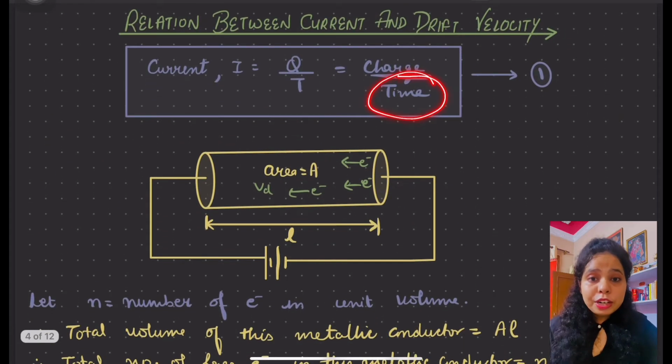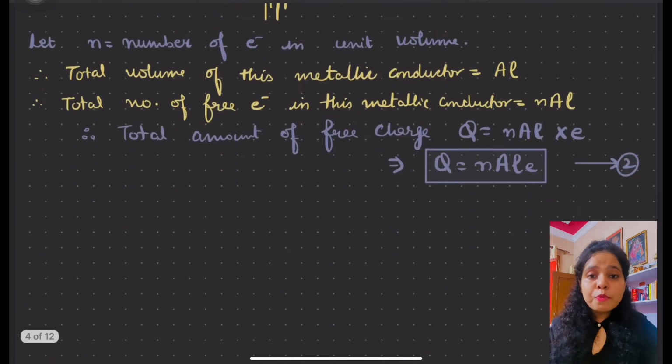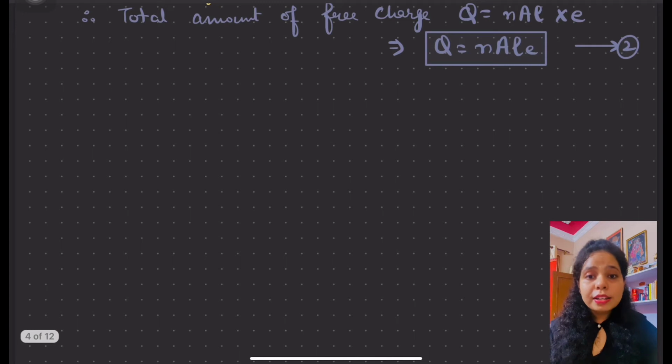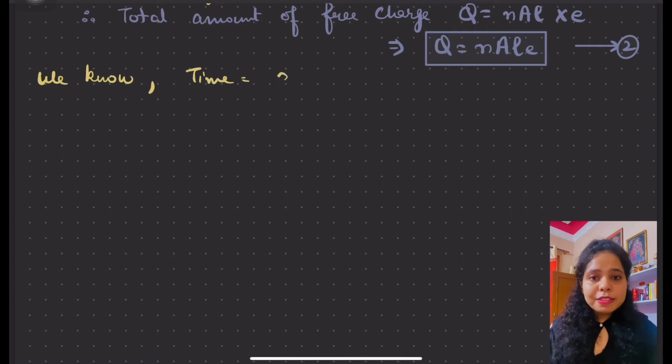That is, we need to determine in what time these free electrons will move from one end of the metallic conductor to the other end. So in order to find the value of time, we have to recall the definition, that is time is equal to distance upon speed. Here the free electrons are going to cover a distance that is equal to the length of the metallic conductor.